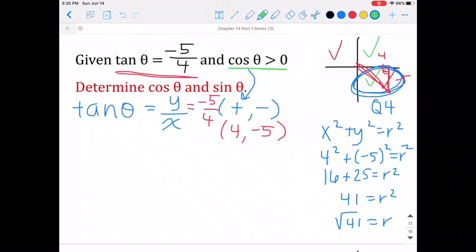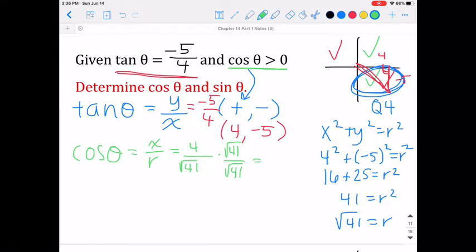So now that we have our r value, we can figure out the cosine of theta is represented as x over r, so that's going to be 4 over radical 41. But remember, we can't leave it like this. We don't want a radical in our denominator, so we're going to rationalize by multiplying by radical 41 over radical 41, which gives us a cosine theta value of 4 radical 41 over 41.